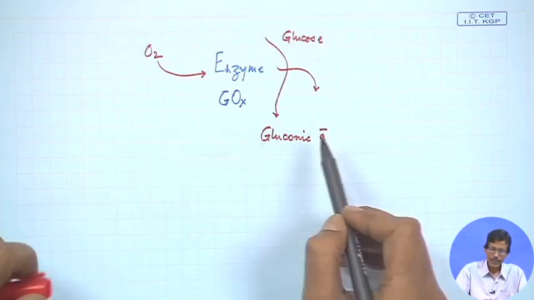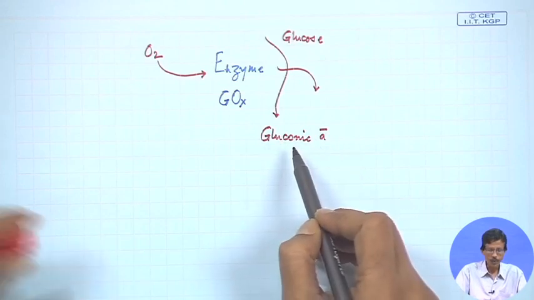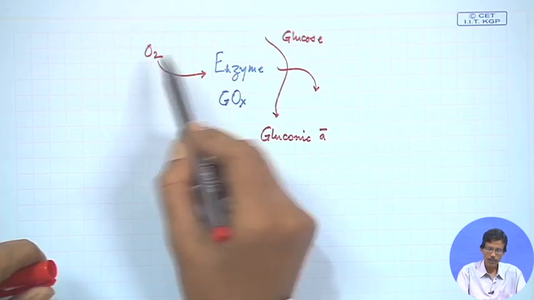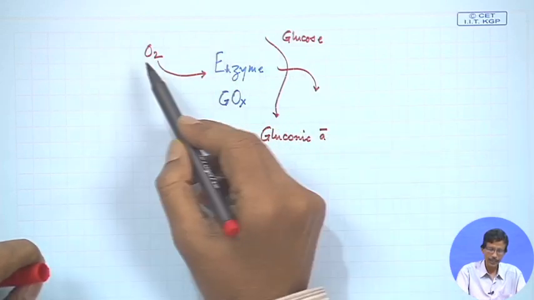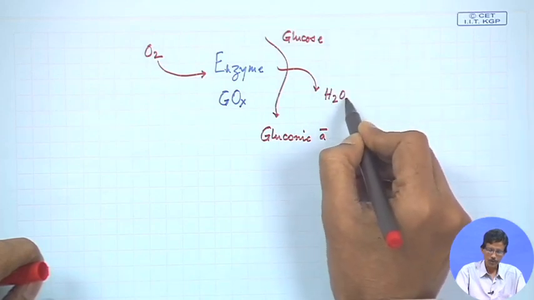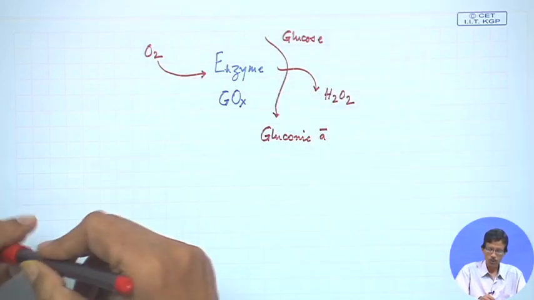So, the gluconic acid is forming, that is the fate of this oxygen. One of these oxygens can be inserted for your gluconic acid and the other oxygen molecule can give rise to the formation of H2O2.